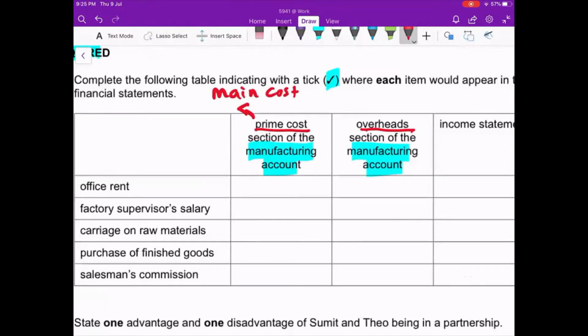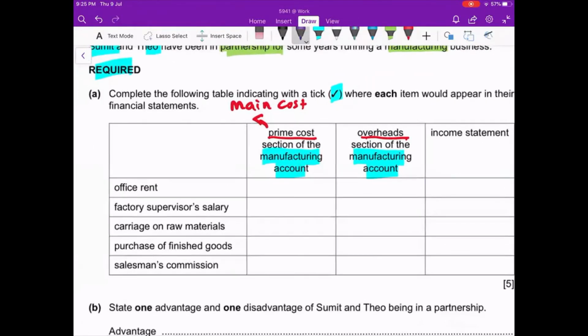There are three main costs: direct material, direct labor, and direct expenses. These three we call main cost or prime cost.